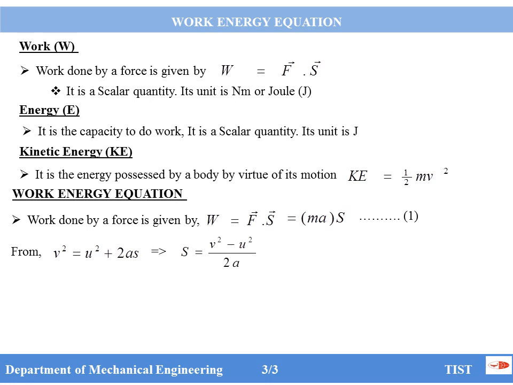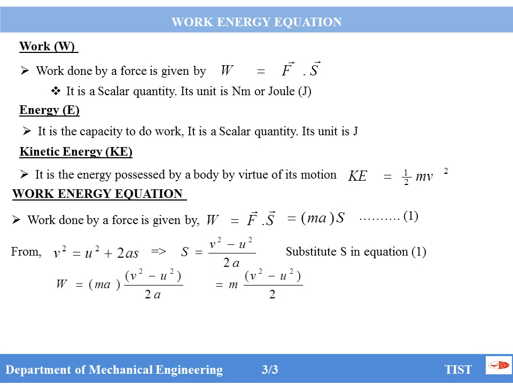Now I am substituting this expression of s in equation 1. We get W equal to ma into v square minus u square all divided by 2a. This a gets cancelled, then we get m into v square minus u square all divided by 2.